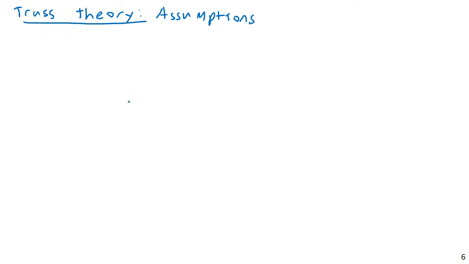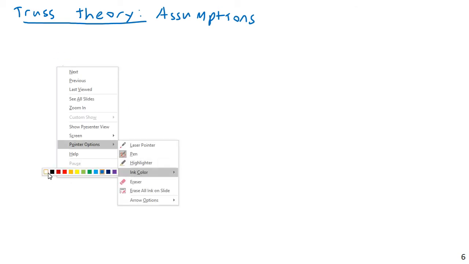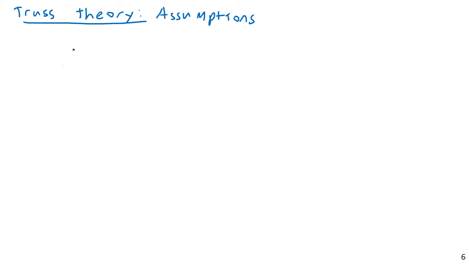Every kind of model we do in engineering is going to have some assumptions built into it. The first one is the main one we discussed: a member is supported by ideal pins on both sides.